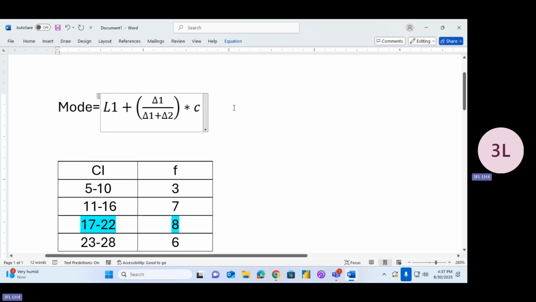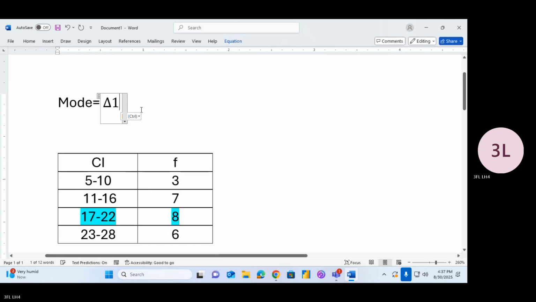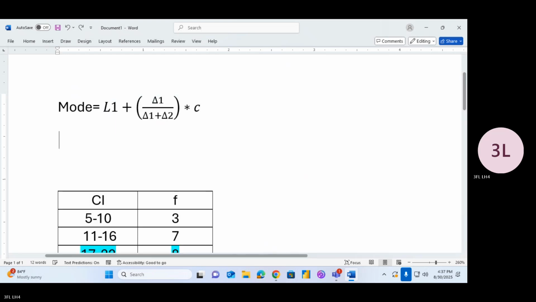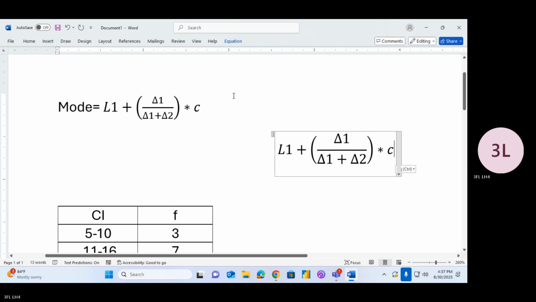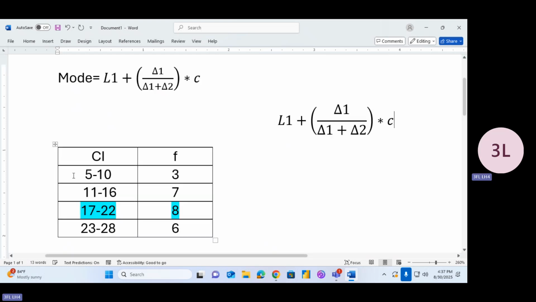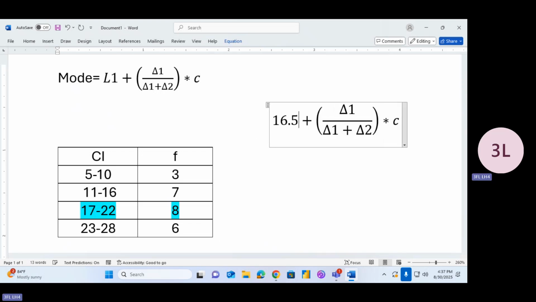Then here, L1 is there. What is the L1? Lower class boundary in the modal class. What is the lower class boundary in the modal class? 16.5. It's clear? Why? Lower class limit is 17, so here we can write 16.5.